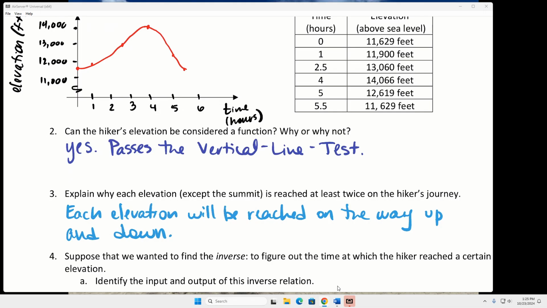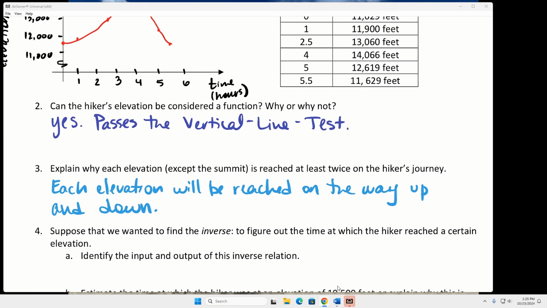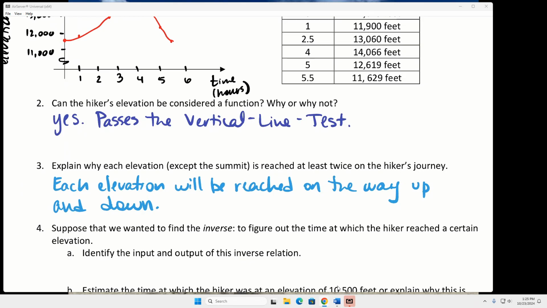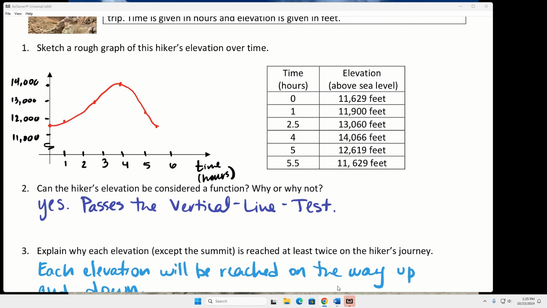All right, suppose we wanted to find the inverse, to figure out the time at which the hiker reached a certain elevation. Identify the input and output of the inverse. So the input and output of the original function is this. So for the inverse function, those have to switch.